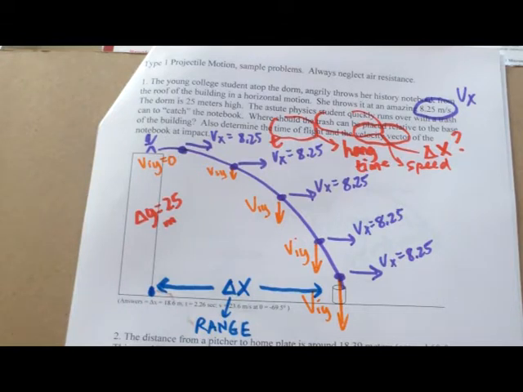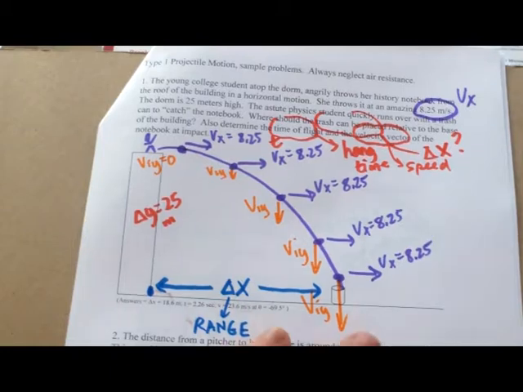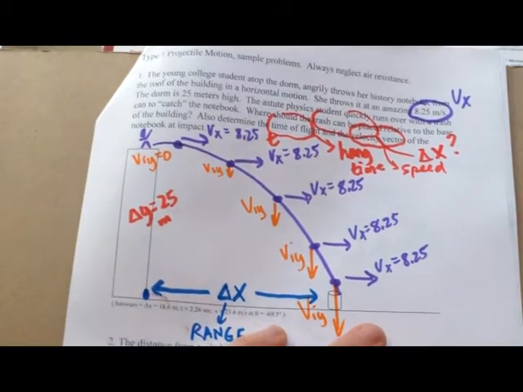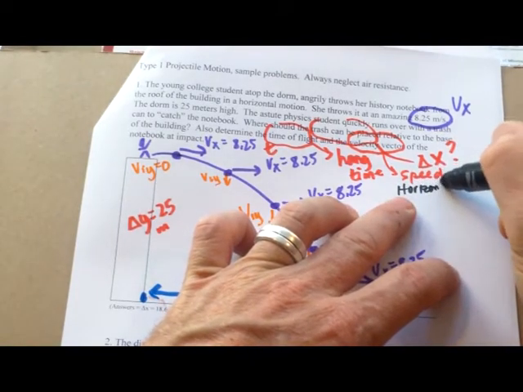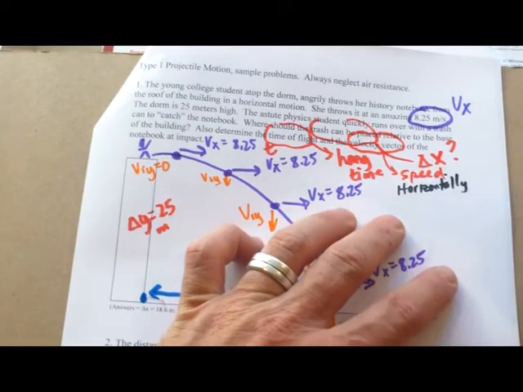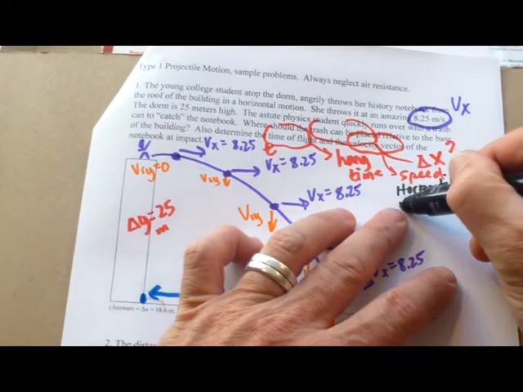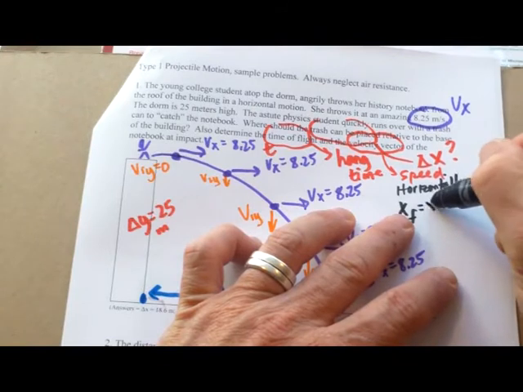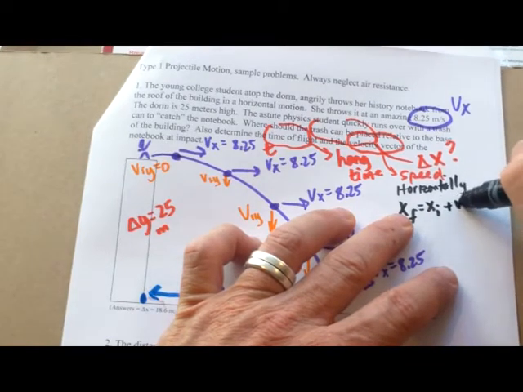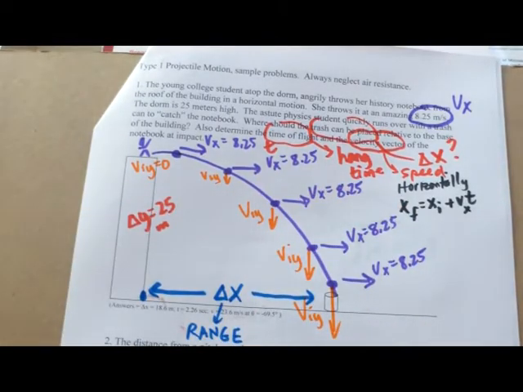So, we know then horizontally that the object's moving at constant velocity. So that'd be x sub f equals x sub i plus vt. And this v would be v sub x.